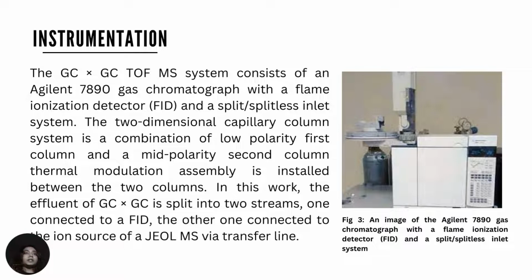In this article, the effluent of the GC is split into two streams, one connecting to the FID and the other connecting to the ion source of the TOF MS through the transfer line. In the image, you can see the Agilent 7890 gas chromatography machine that is used in the article itself.